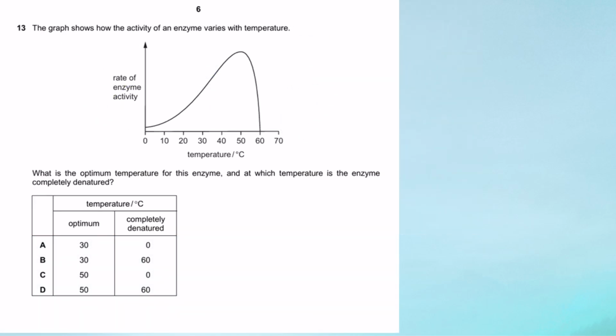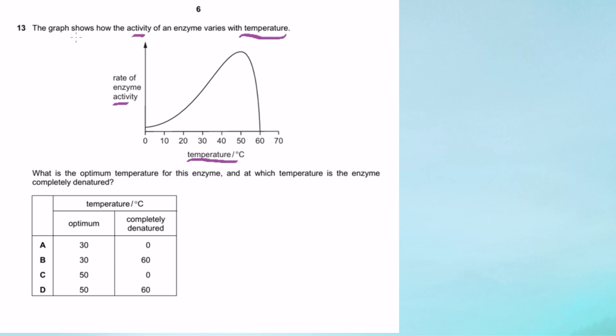Okay, we continue our work here with enzymes. And this one here shows the activity of an enzyme with temperature. We have the rate of enzyme activity here on my y-axis, and I have my temperature here on my x-axis.